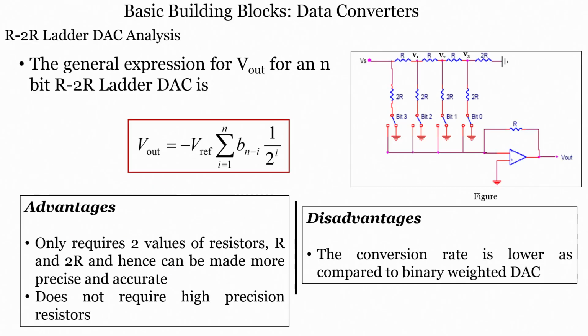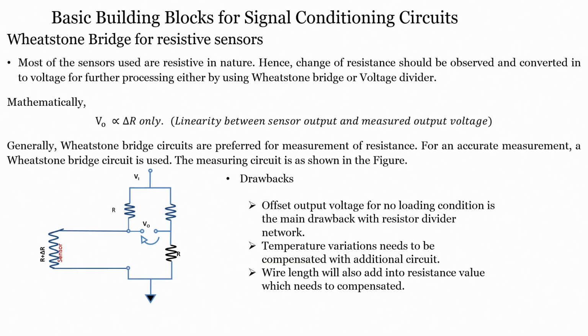Now, let us go to the next module, and the next module would be the basic building blocks for signal conditioning circuits. So, this is really interesting because of how we can convert the change in resistance value to a different domain, that is our voltage domain.